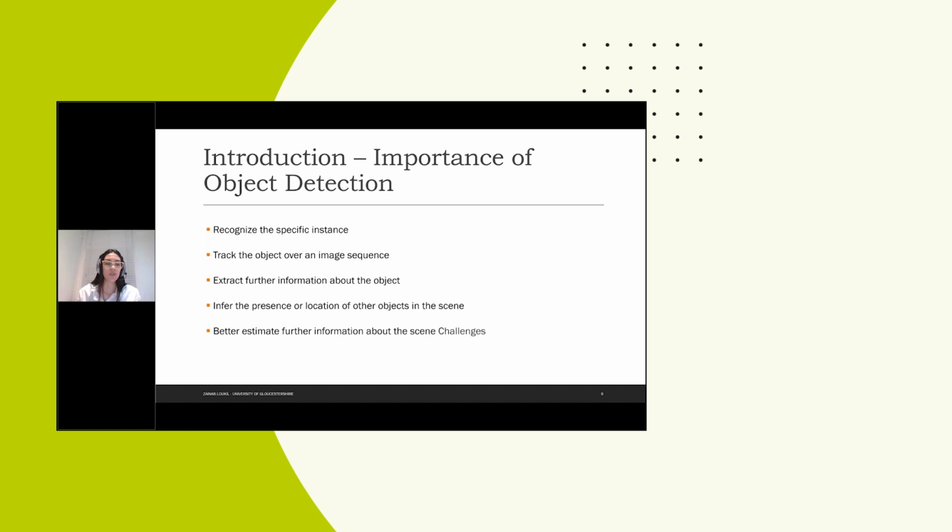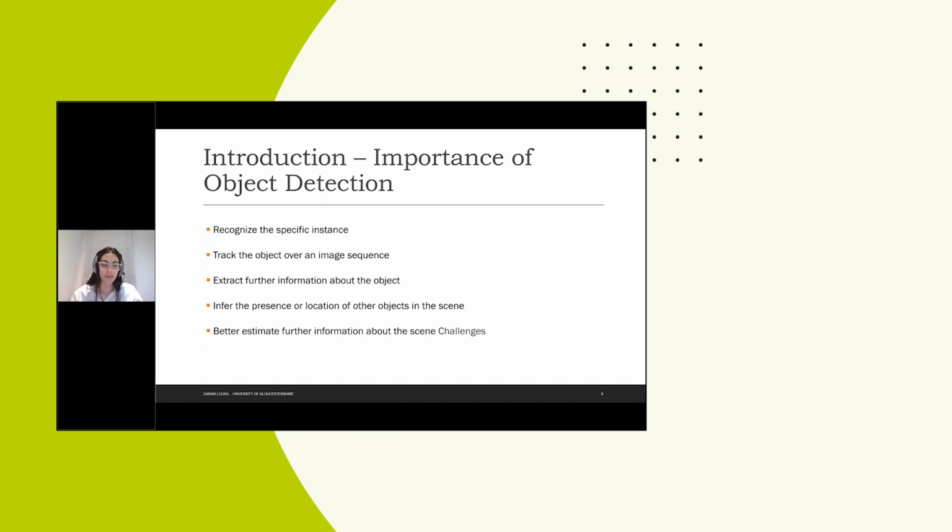It is also possible to first infer the presence or location of other objects in the scene, let's say a hand near a face at a similar scale, like both of them have a similar scale. This can be challenging for your algorithm to detect only the face.